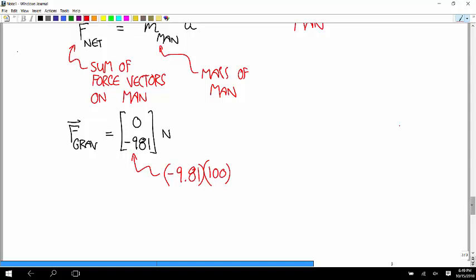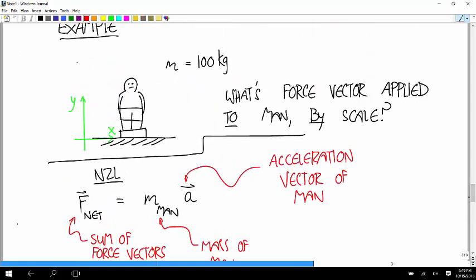To figure out any other forces acting on the man, we have to think about the man's boundary. Just imagine going all the way around the boundary looking for contact with things that are not part of the chosen object. So you go around, nothing, nothing, nothing, and then you get to the scale. The only contact is between his feet and the scale.